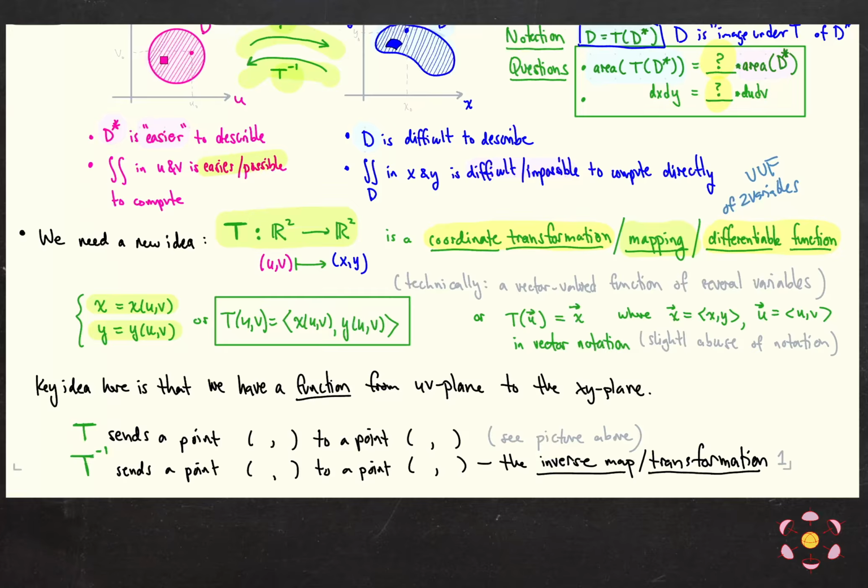I find it really helpful to start with this box part here where we have T. What does T do? T is going to eat a point in the UV plane, and we're going to use vector notation here. It's going to get sent to a vector in the xy plane. The idea here is that our x and our y are dependent on these brand new variables u and v.